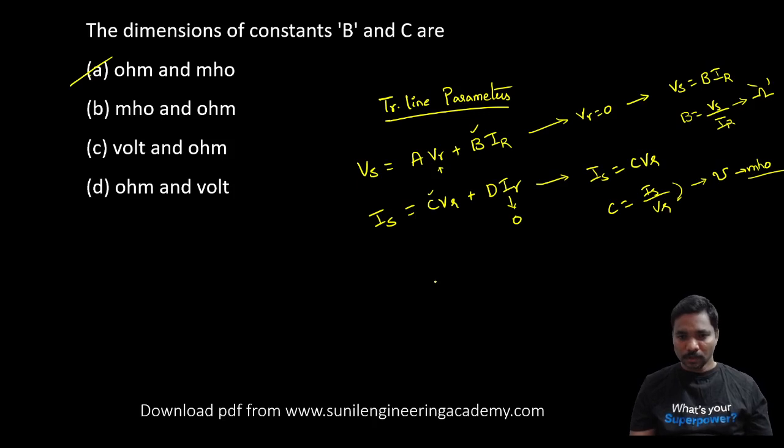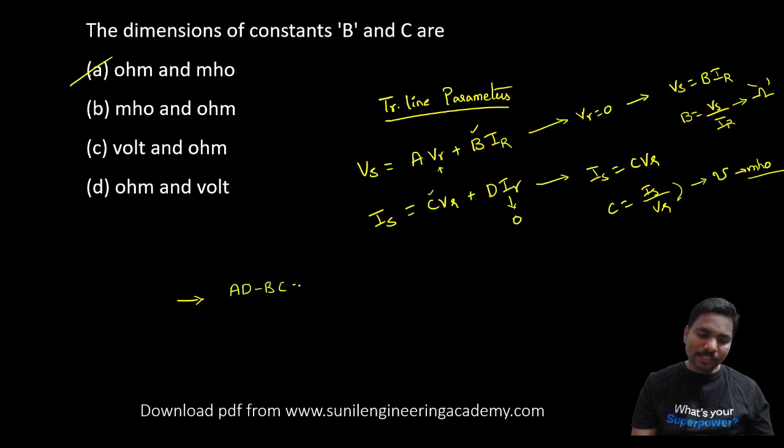Okay, and in these parameters, we have one more concept. Whenever AD minus BC is equal to 1, then you can say it is a passive network. And whenever A is equal to D, we can say that is a symmetrical network. These two points are very important for our exam.